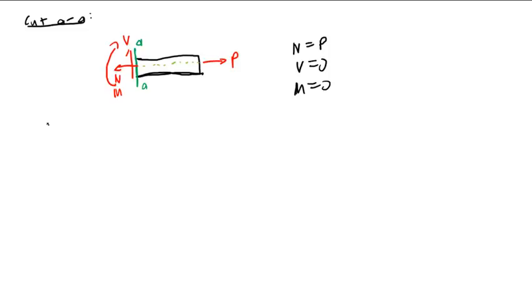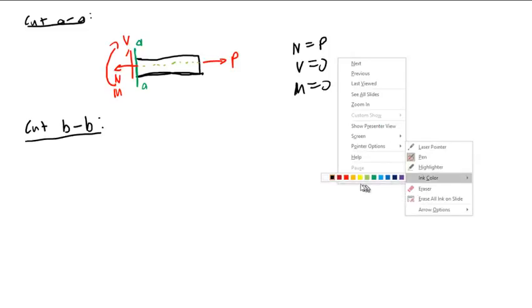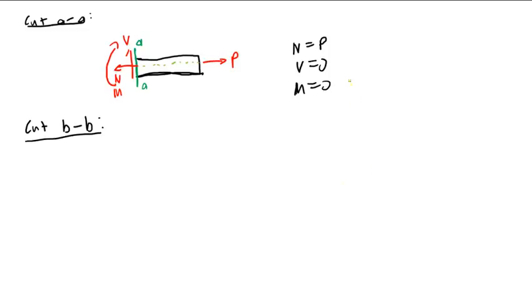Now, what if I have cut BB, a cut that is not perpendicular? It's at some angle. Cut BB. And we will see, and put a little note here, that this is 0 for all CAL cuts.